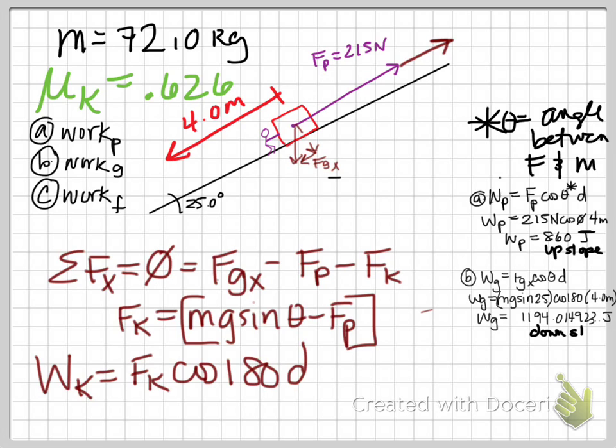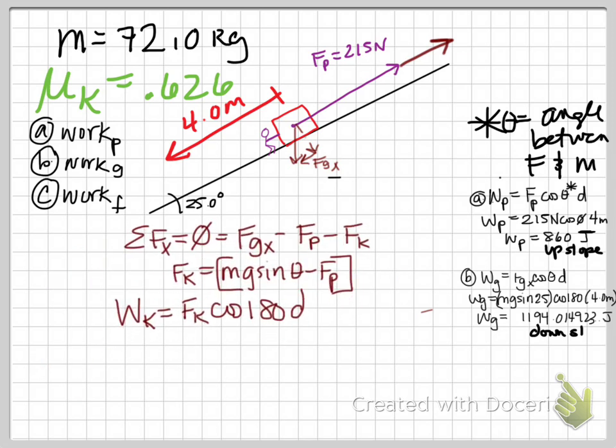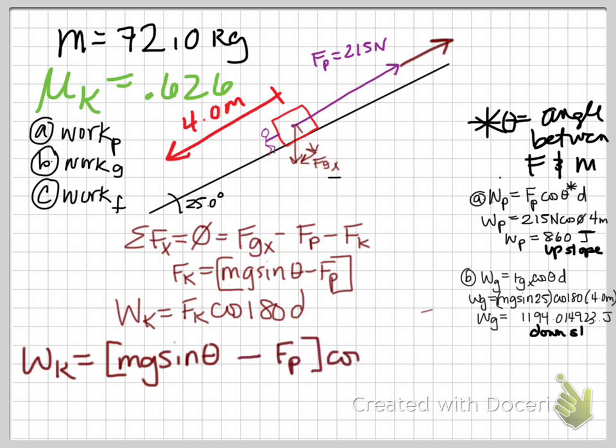We can either plug the whole expression for fk in, or we can solve it. I've beaten you with the stick of doing your substitutions. I can't make you do that, but I'm going to, because it's just the way I roll.